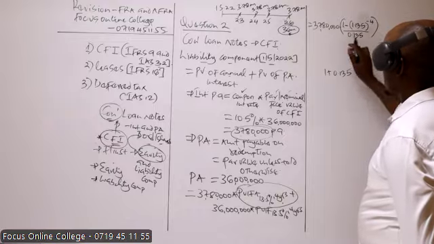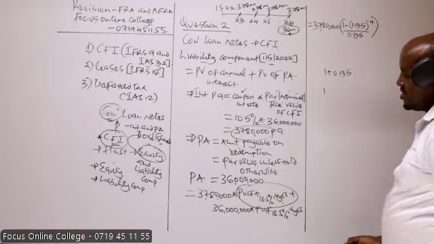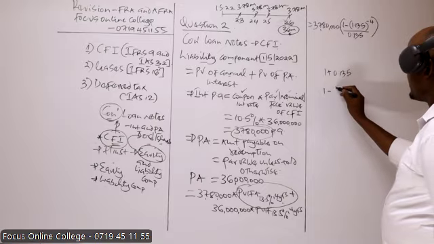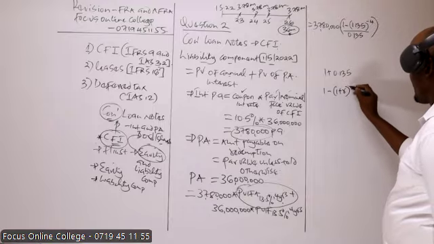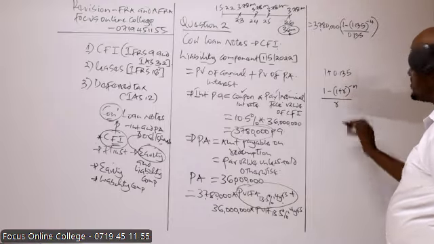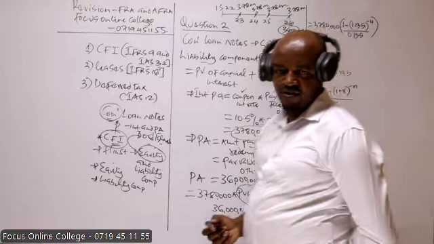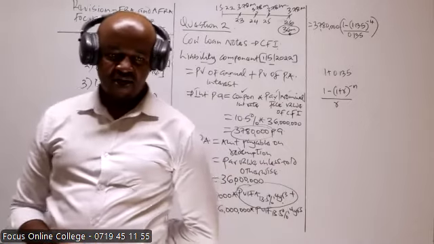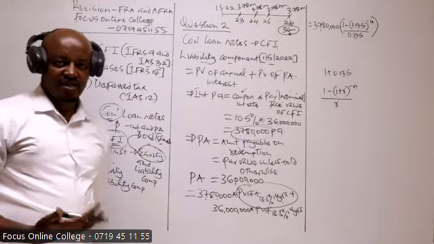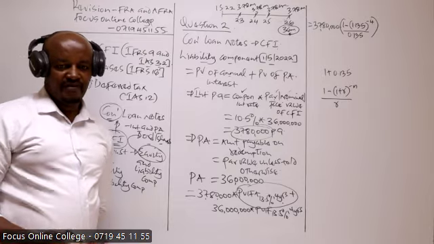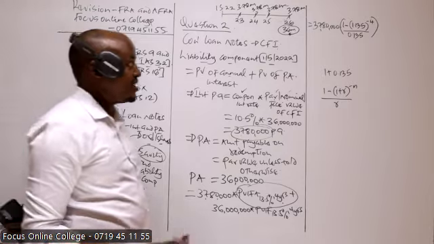I hope you can record this formula for discounting an annuity. In financial reporting you must be able to recall these formulas, because you will not be given present value interest factor tables like in FM. So you must remember this formula.